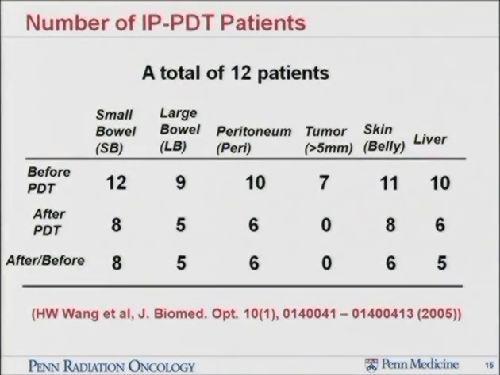Optical properties were measured in 12 patients in various tissues: large bowel, small bowel, peritoneum, and some of them have tumors. These are special measurements because you have to make the measurement before the tumor is resected, and then resect the tumor, and all the other measurements are done, I believe, right before and after PDT.